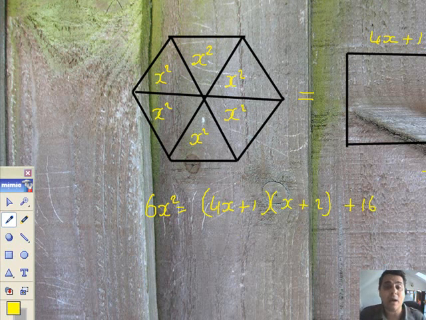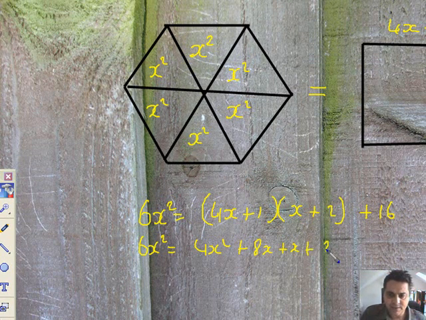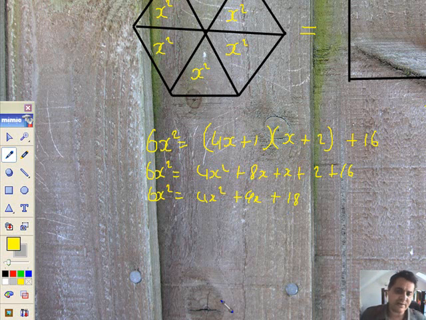We need to tidy it all up, so let's just do that. 4x squared, 8x, an extra x, plus 2, plus the 16 at the end. Keep tidying, simplifying. 4x squared, 9x, 2 and 16, 18. Alright, it's getting tidier and tidier.